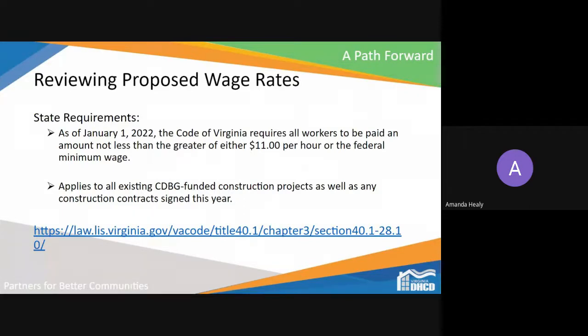And generally, this is only going to impact people in the labor classification, so a common laborer, a flagger, maybe a pipe layer. And I've given you the citation, so if you want to do some nighttime reading, you can look at the code yourself and understand what's going on. Next, please.